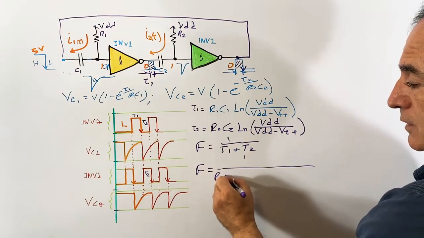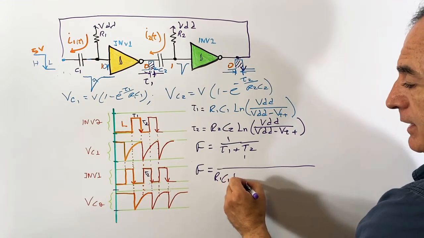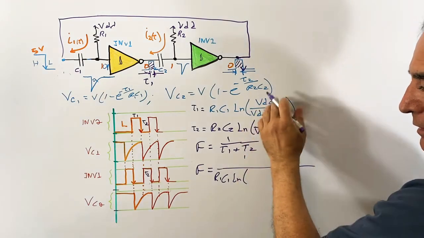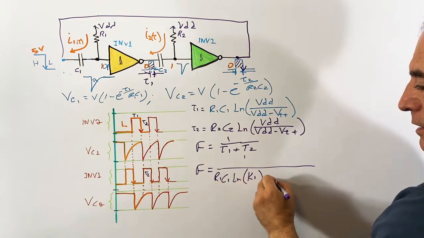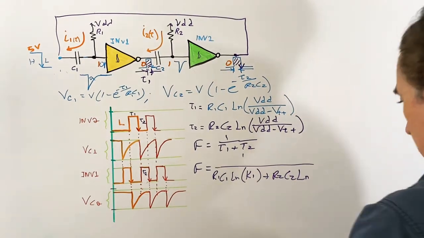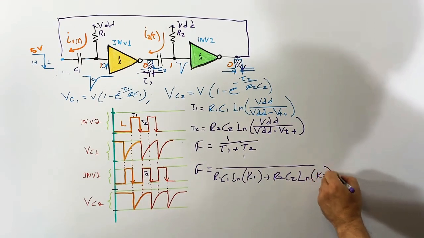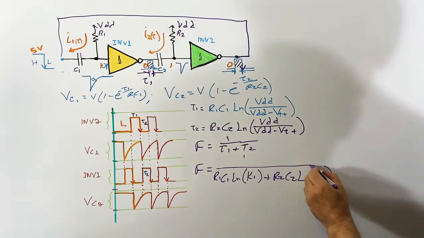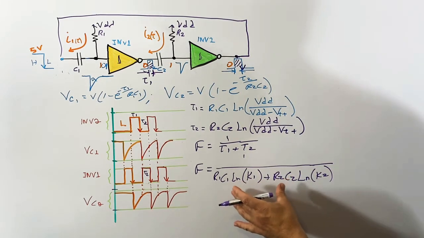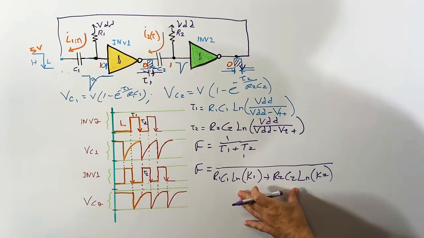So R1 C1 ln of all this, let's say this is a constant K1 that you get, plus R2 C2 ln of K2. K2 is this constant. Then you can reduce it by using other logarithmic properties, but this is the frequency.